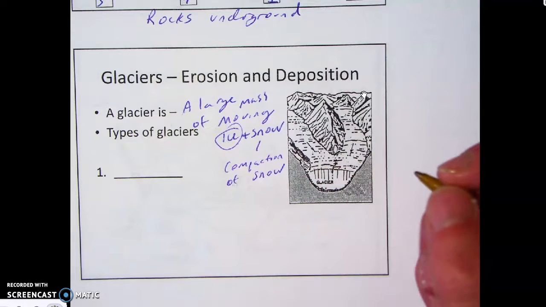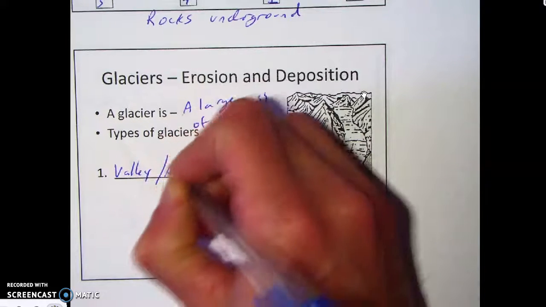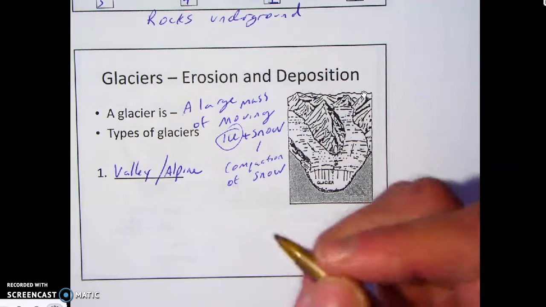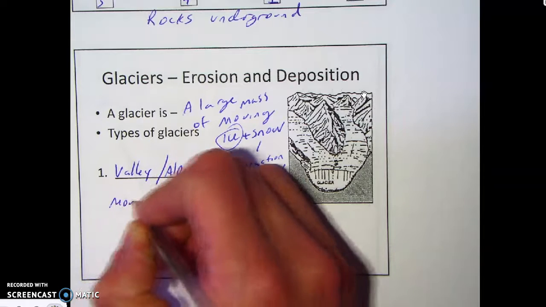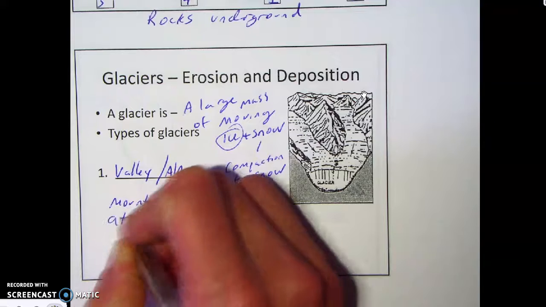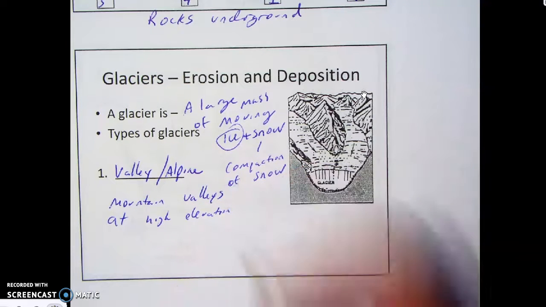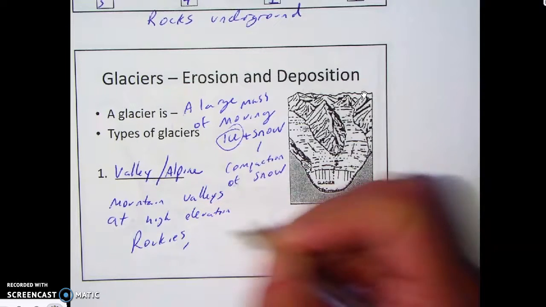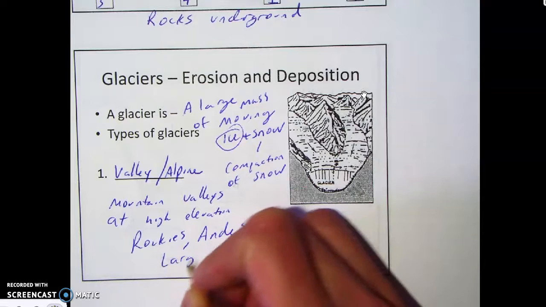The first type of glacier we'll look at is what's called a valley or alpine glacier. And these are the types of glaciers that form in mountains. These form in mountain valleys at high elevations. These are the types of glaciers that we would see in the Rockies, and the Andes and the Himalayas and so on, the large mountain chains.